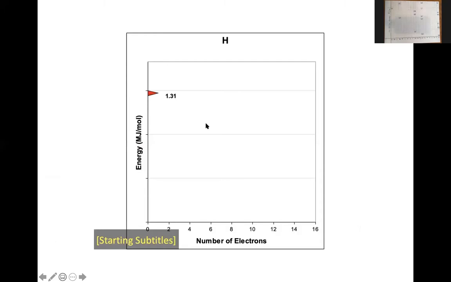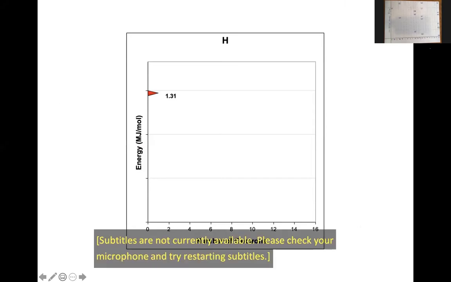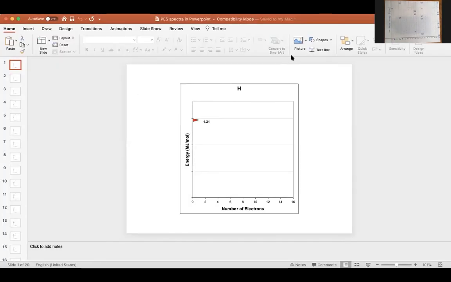So here is the photoelectron spectrum for hydrogen, okay? And to make it easier for you, on the graph, I've already put in where 1.3 megajoules per mole is, okay? And so there's the photoelectron spectrum for hydrogen.